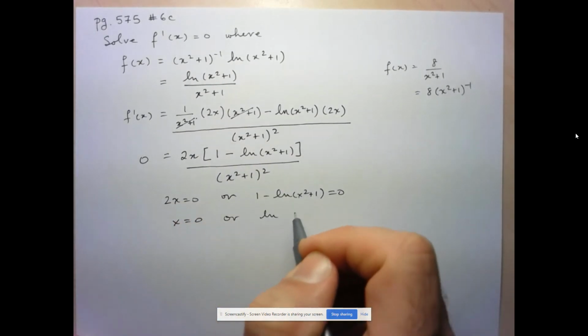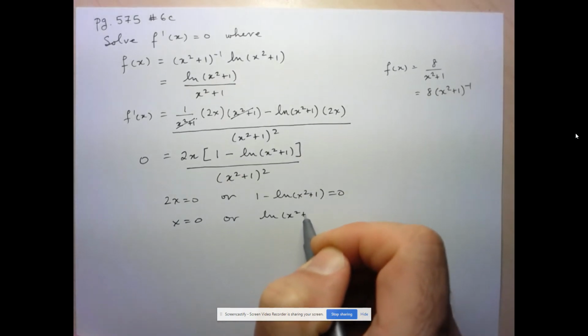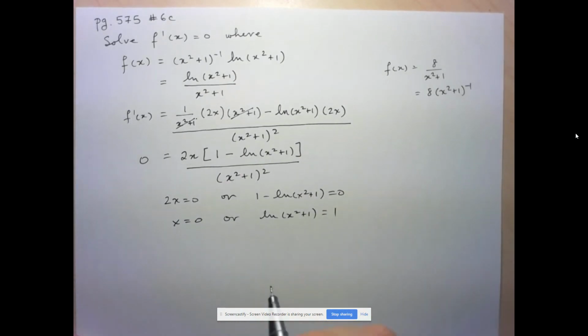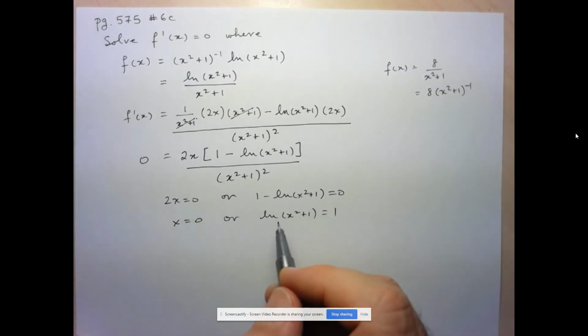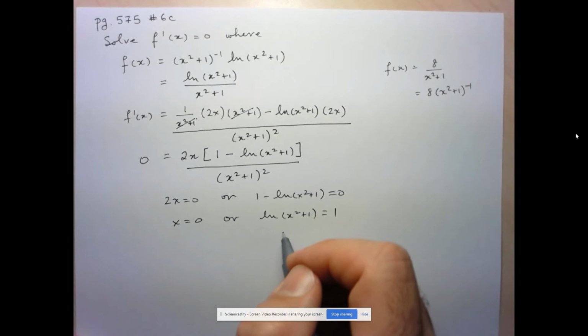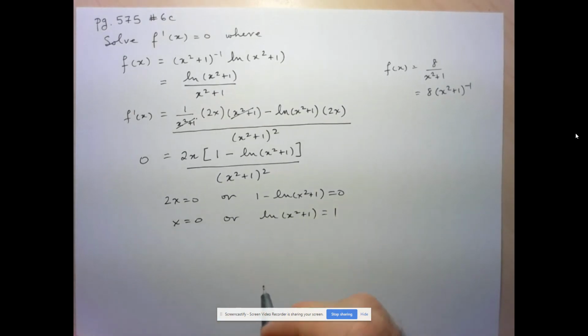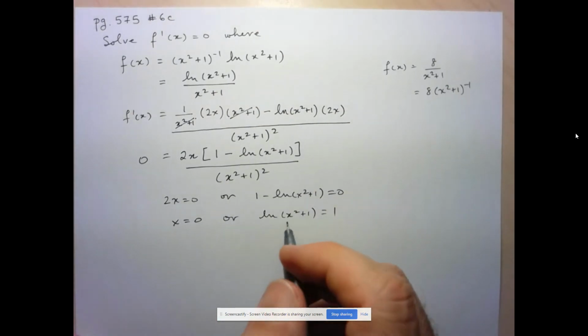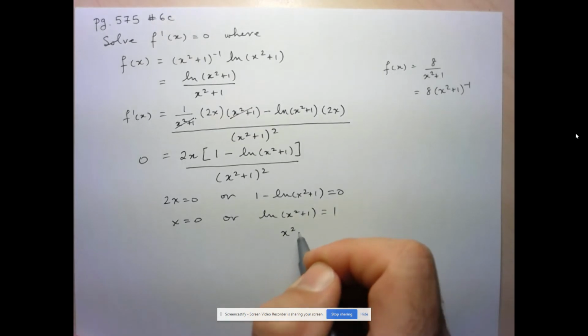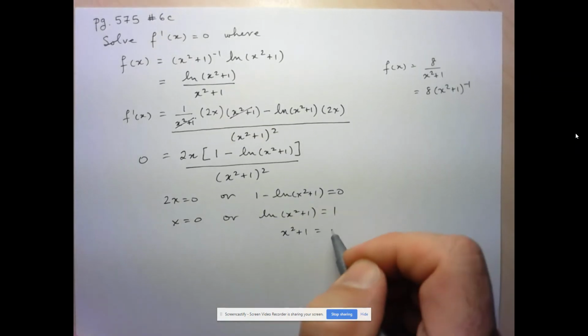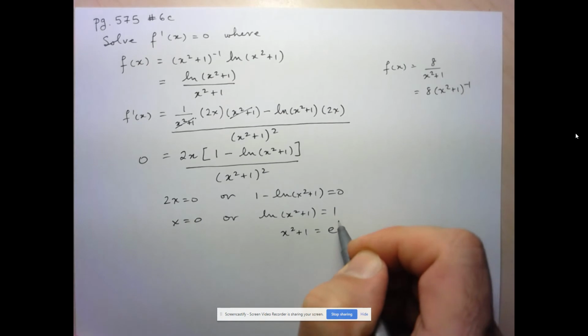So this ln of x squared plus 1 equal to 1, and so here I'm going to take the base e exponential function of both sides, which is, remember, the inverse of the natural logarithm. So here I'm left with x squared plus 1 is equal to e to the 1, which is just e.